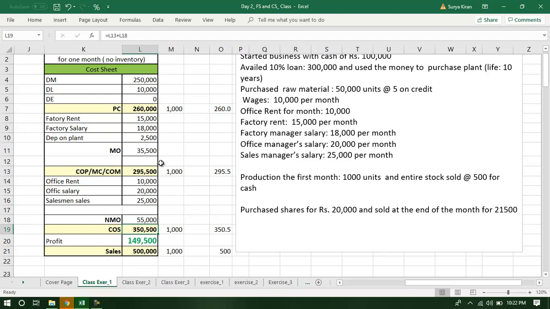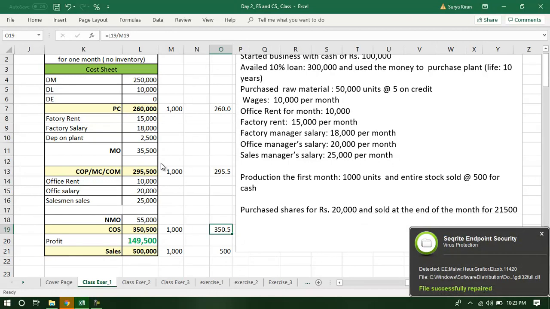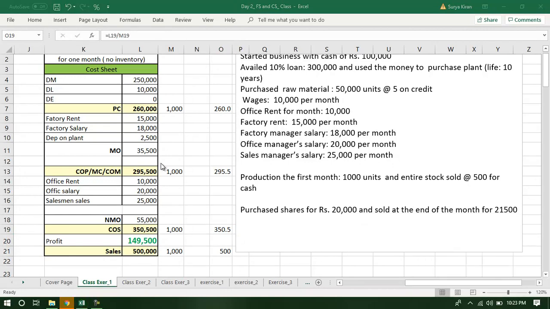So the cost of sales is 350,500. And for the 1000 units produced, the per unit cost is 350.5. Now all these goods are sold at the price of 500. Price is given. We are not fixing the price. Later on in some other example we'll also try to fix the price, determine the price.